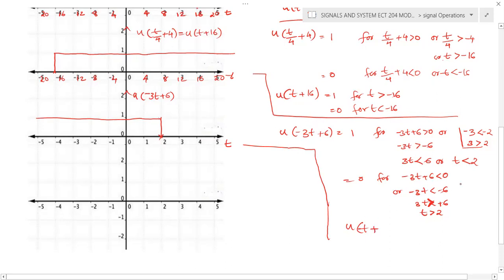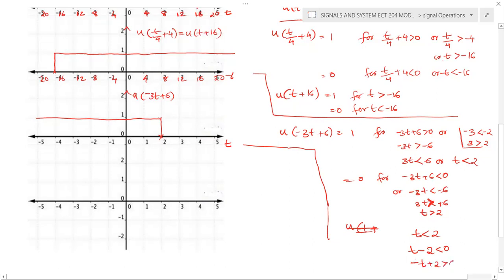Here you can see that it's t less than 2. So if you write like this, t less than 2, if you rearrange this, t minus 2 less than 0, or if you multiply with a minus it becomes minus t plus 2.